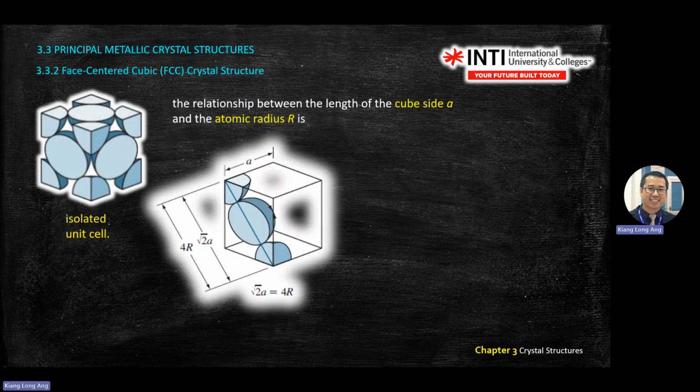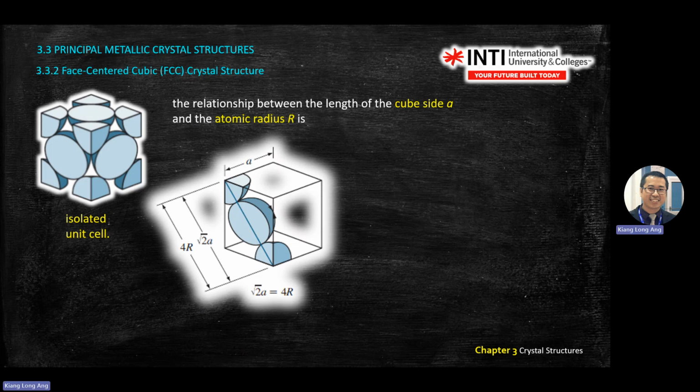So it's calculated by this one. You know the calculation to get square root 2a, right? A is a side, you get the hypotenuse, so you get square root of 2a.